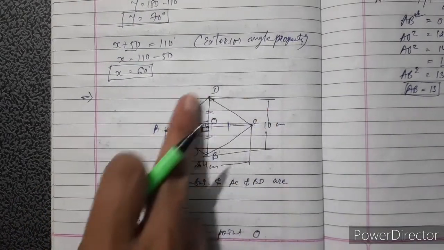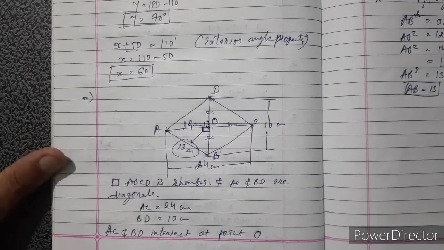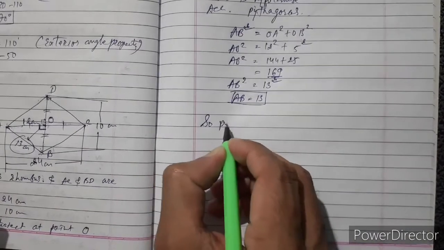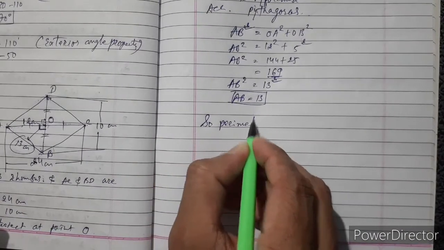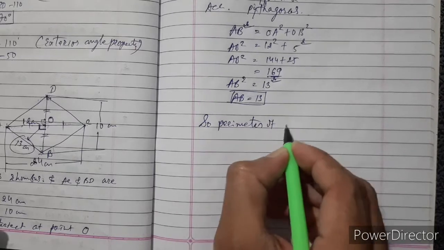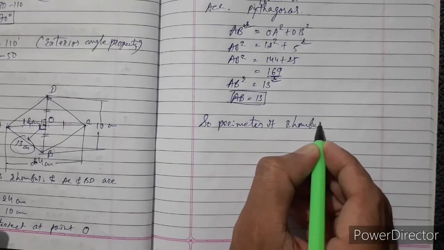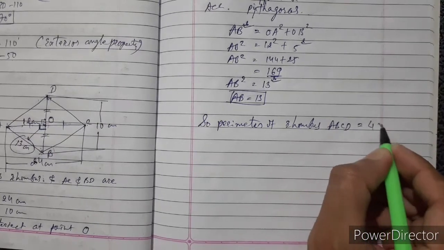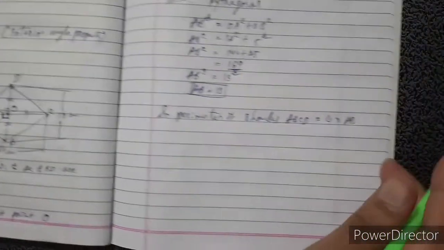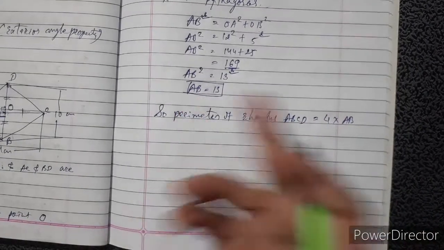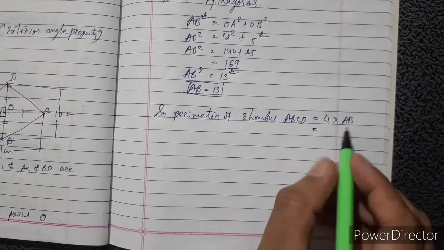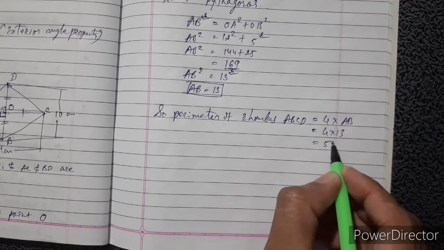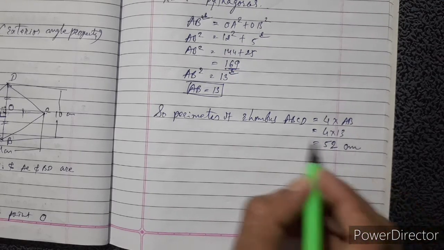In a rhombus, the measurement of all sides is equal. So perimeter of rhombus ABCD equal to 4 into AB, because all sides are equal. So 4 into 13 equal to 52 centimeters.